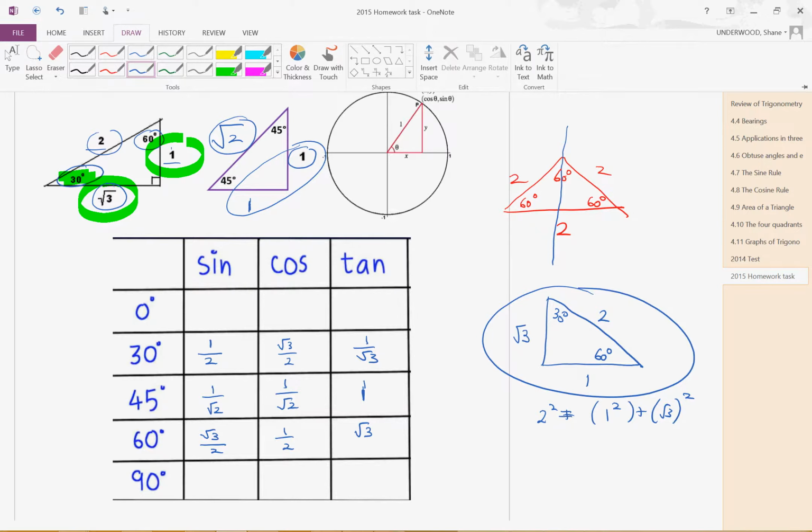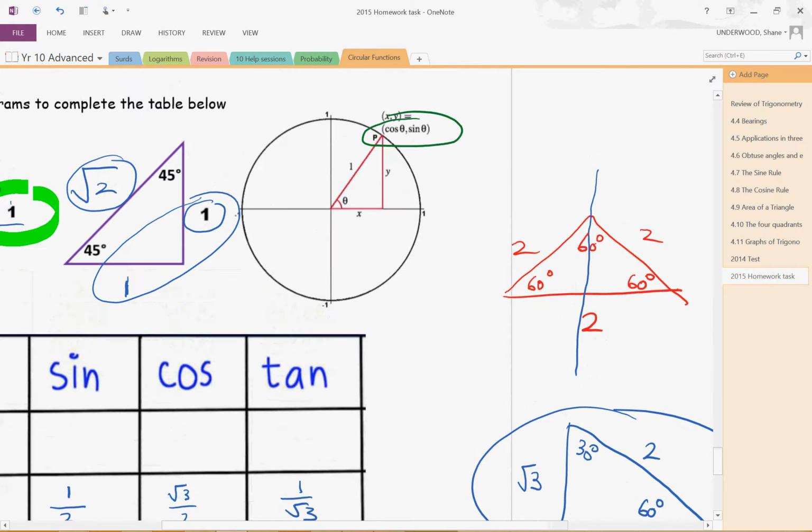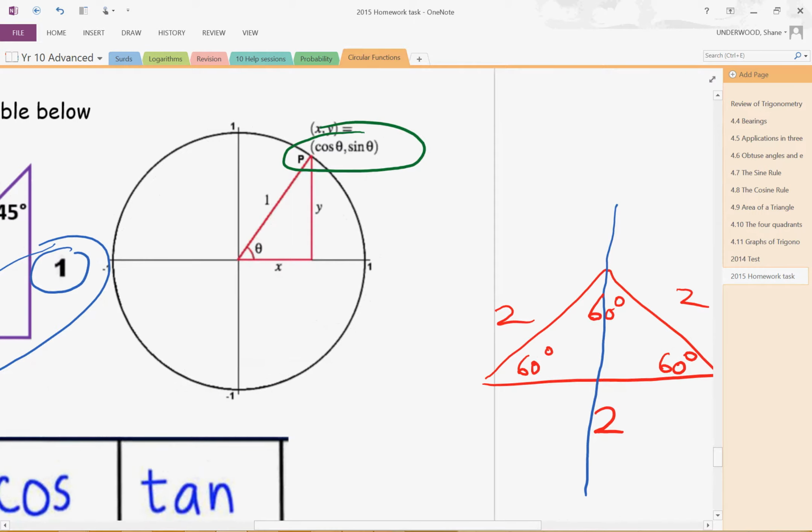Now, quite a few of you asked me, what is sine, cos and tan at 0 and 90 degrees? Well, what did I say about the x-axis? What's the x-coordinate? Cos theta.